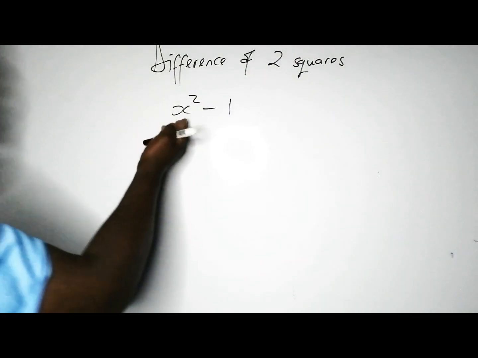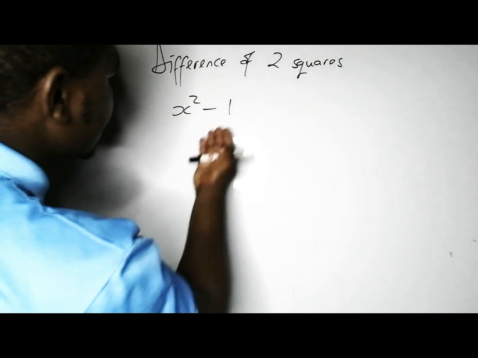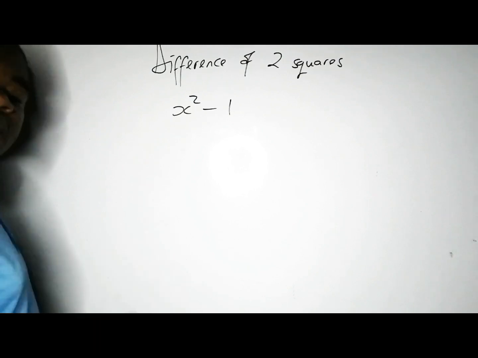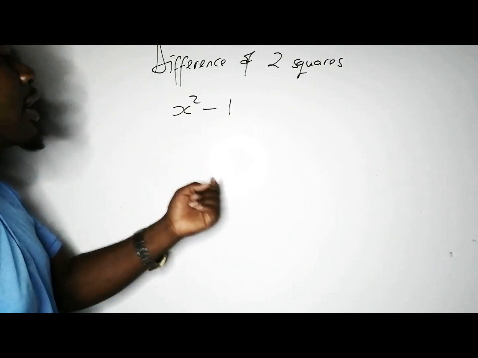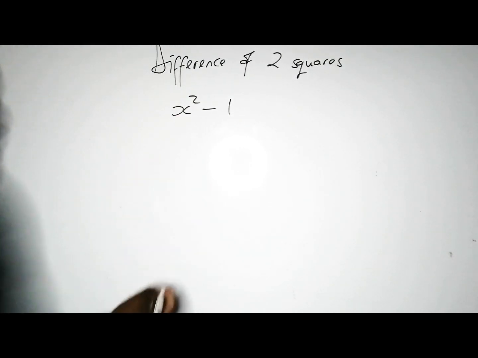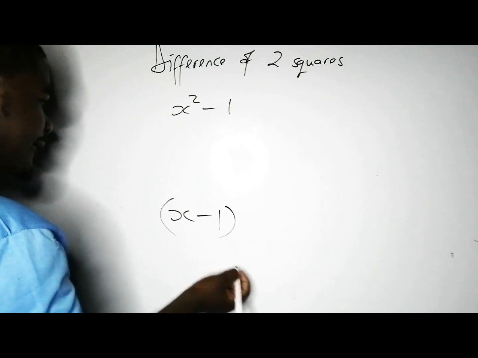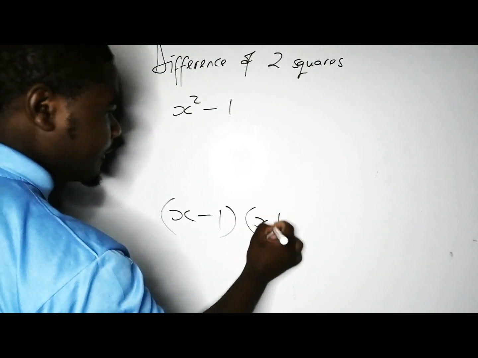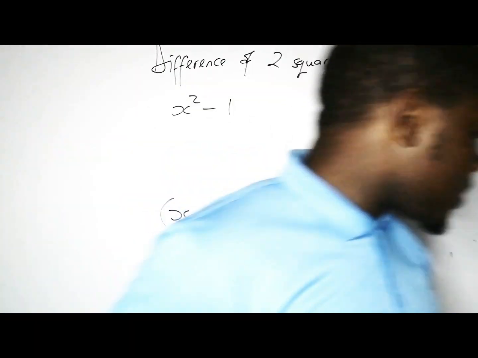Because x squared has a square root, and 1 has a square root again. Square root of x squared is x. Square root of 1 is 1. Meaning to say, we are going to say x minus 1, x plus 1. This is too simple, guys. Difference of two squares is very, very simple.